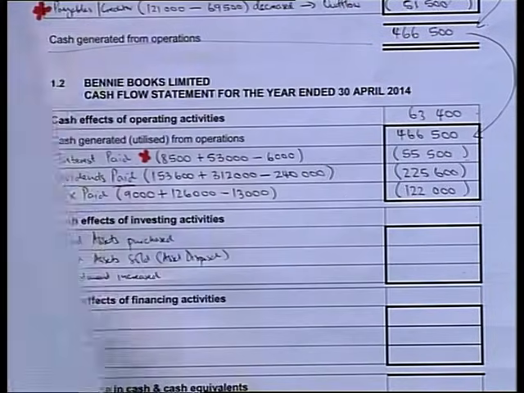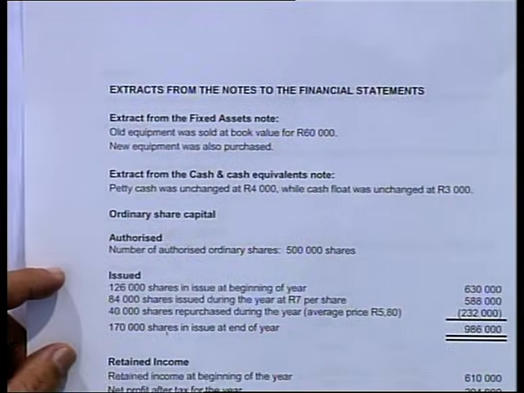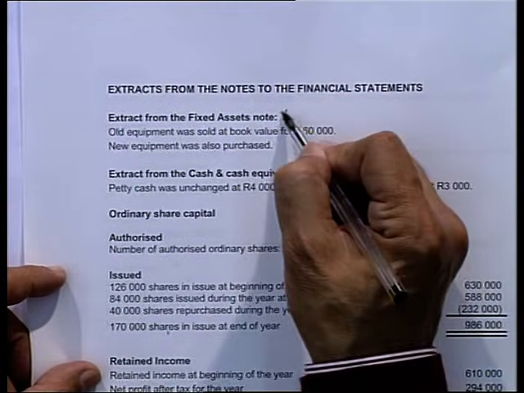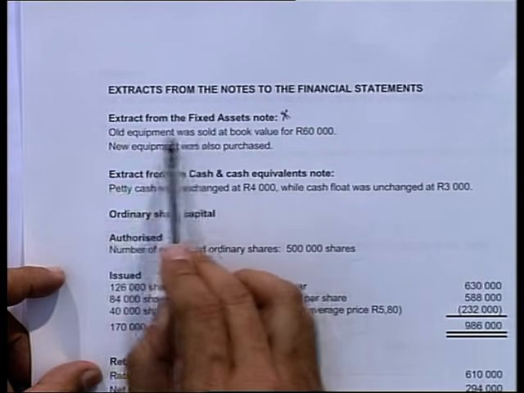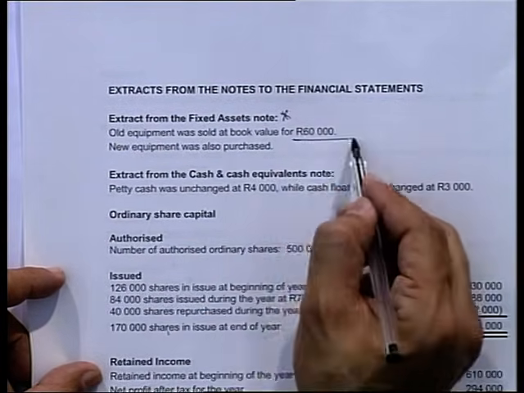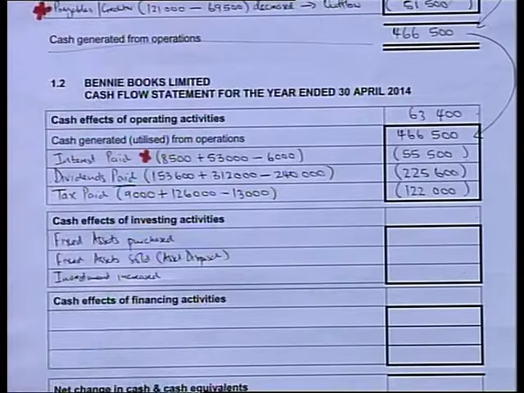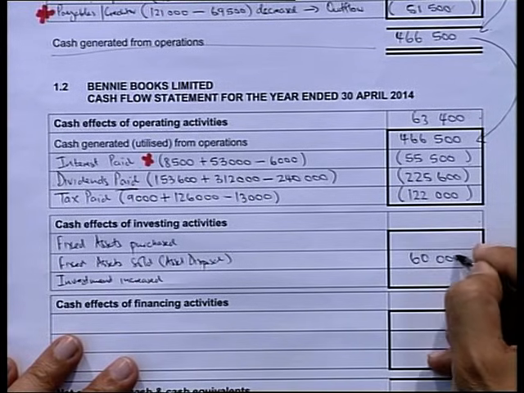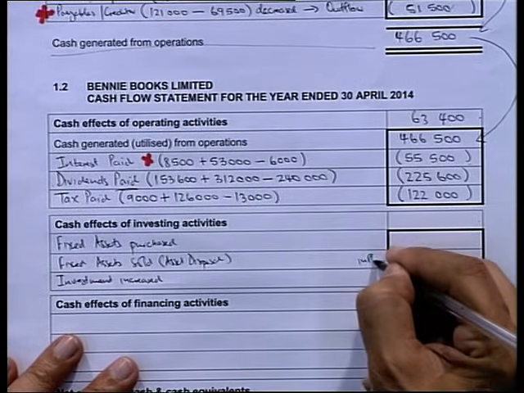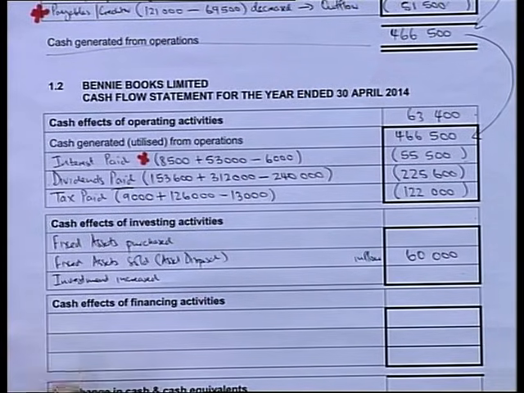Okay, so for the first item, it says fixed assets purchased. So we have to look at the additional information regarding the fixed assets. It says extract from the fixed assets note. Old equipment was sold, so that 60,000 is the fixed assets sold. So that figure is seen as an inflow, so it will go without brackets.